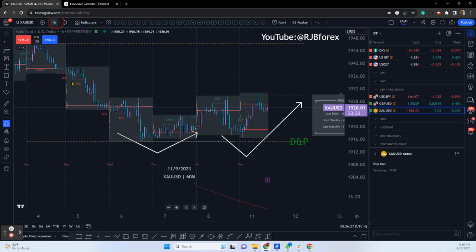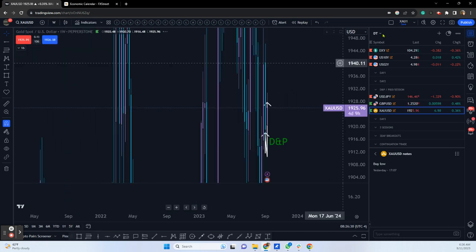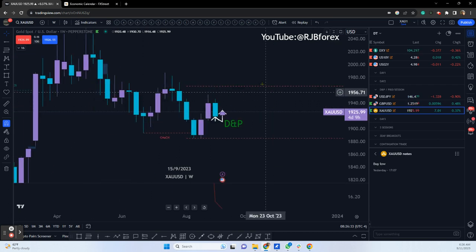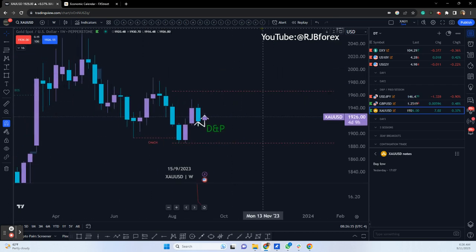So if we look on this weekly chart, we're well inside of last month's range. We're right in the middle of last month's range. We've had a change in character to the downside.